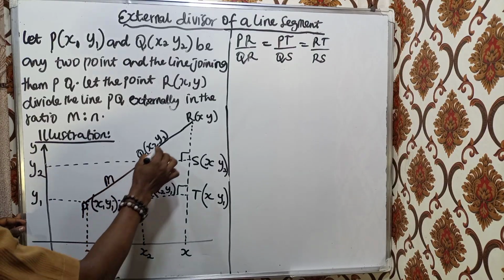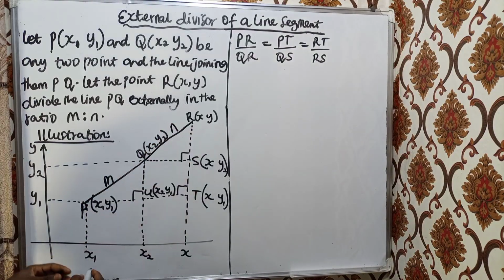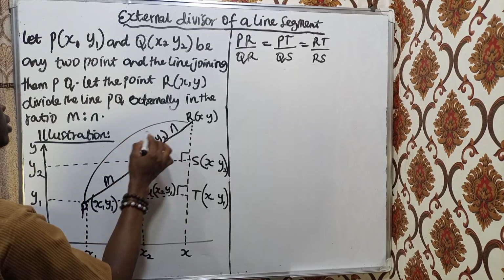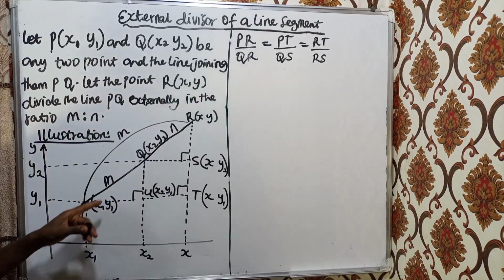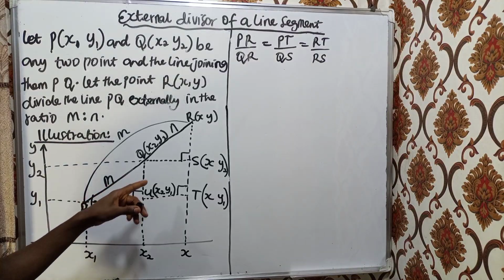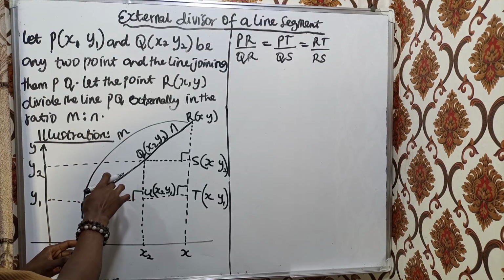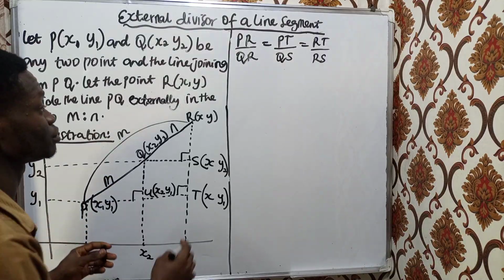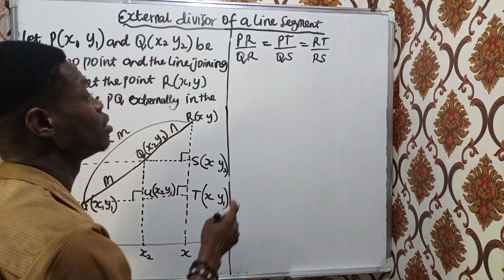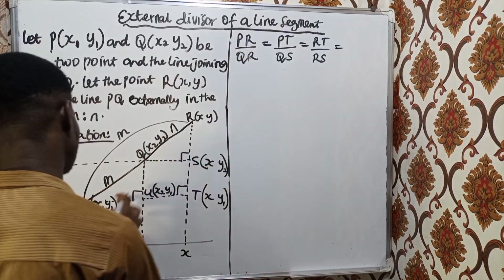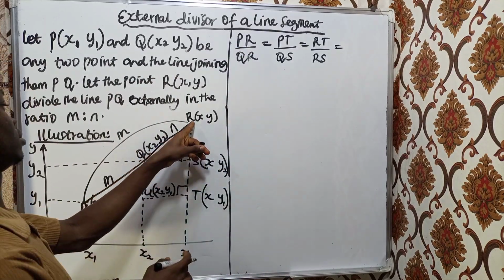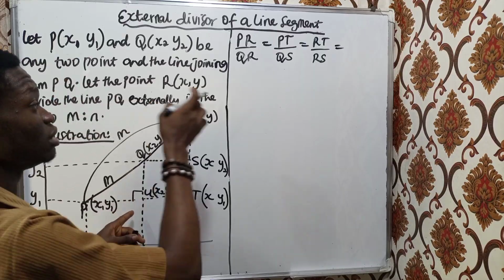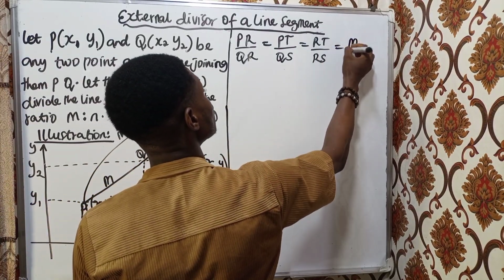So this whole place is m, and if you want to get this place, it will be m minus n. Which is equal to PR over QR, that is m over n.